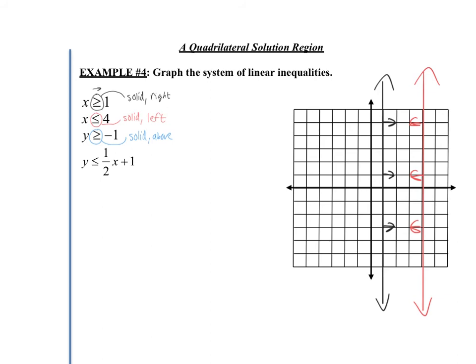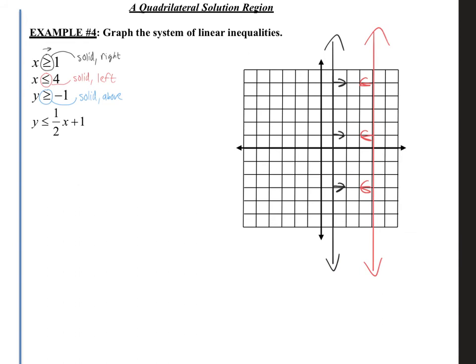It's a horizontal line through y equals -1. So we're going to go to y equals -1. We're going to do a horizontal line, solid. And we're shading above. Now, I could draw arrows to the left over here, but we have to be between the 2 lines and above the blue line. So I'm just drawing an arrow straight up right here from the blue line.